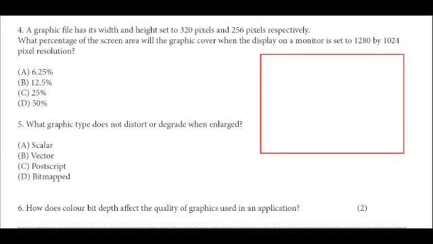Now if we look at this, 256 is much easier for me to calculate because I'm not very good at maths, but I do know that double 1 is 2, double 2 is 4, double 4 is 8, double 8 is 16, and so on, to get 256, 512, and 1024. So I know that 1024 is 4 times 256. So that would mean that it is a quarter of the height.